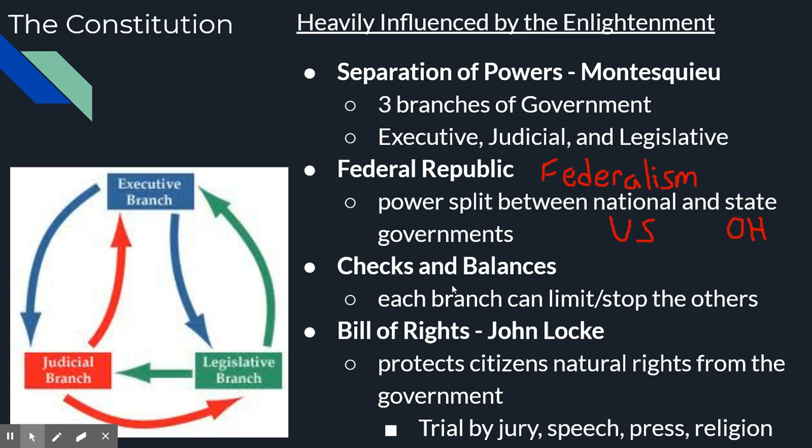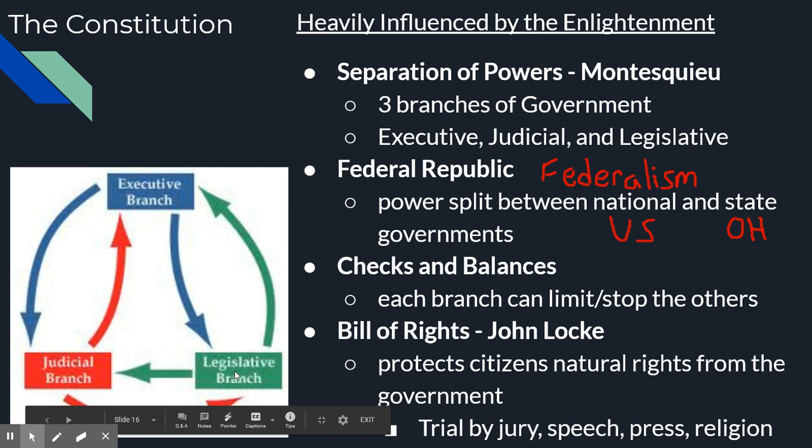There's checks and balances, and this goes with the separation of powers. So in checks and balances, each of these branches can stop the other branch from doing something. So if the legislative branch wants to make a law and the president doesn't like it, he can veto it. That law doesn't pass. If the judicial branch is making rulings that the Congress doesn't like, they can change the Constitution so that now the judicial branch can't do that anymore.